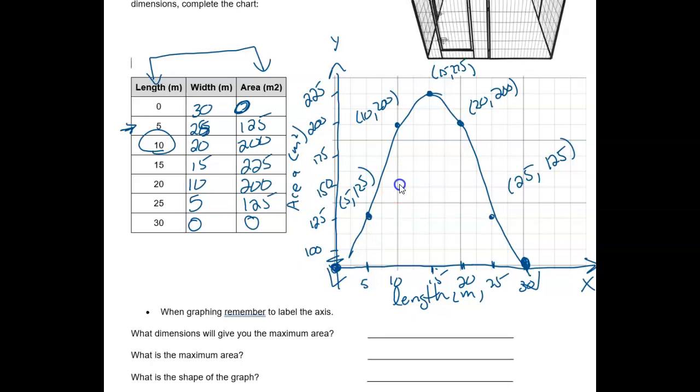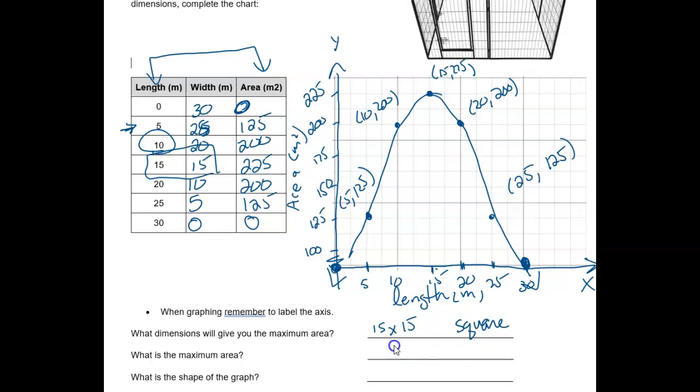All right. So what dimensions give you the maximum area? Well, dimensions that give you the maximum area are 15 by 15. So we'd seen that. And with these problems, the shape, if we're talking about a rectangle, would always end up being a square.